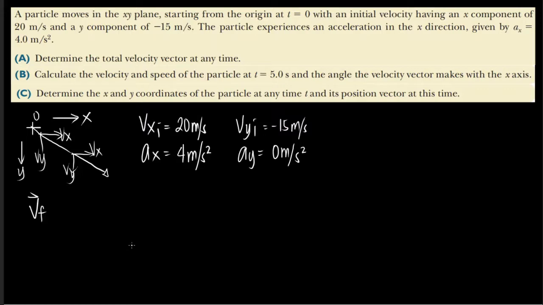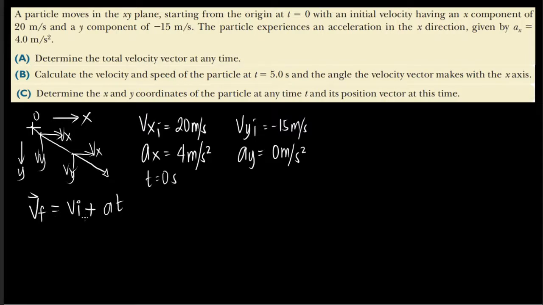Look at all your formulas, and I think the most useful formula is Vf is equal to Vi plus At, with time equal to 0 seconds at the start. So, we have Vf is equal to Vi plus At. This is the most useful so far.